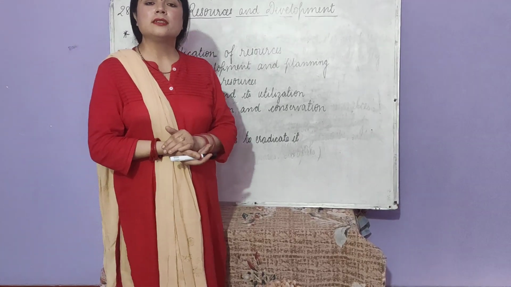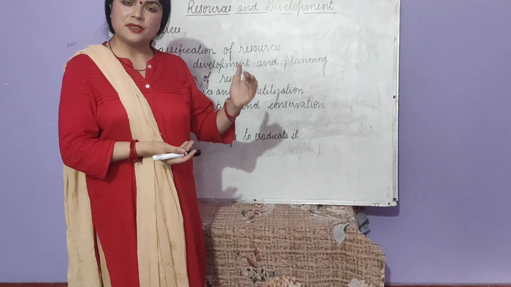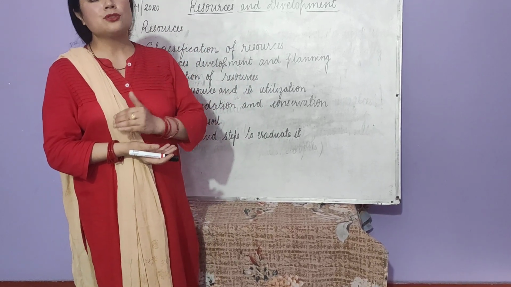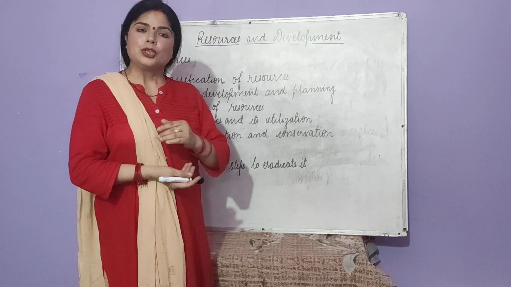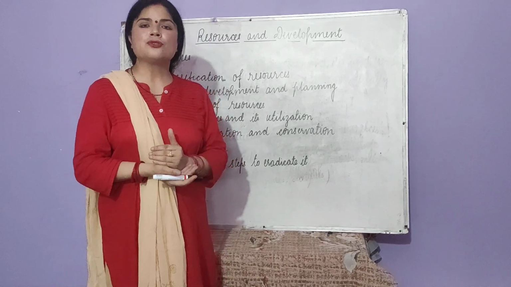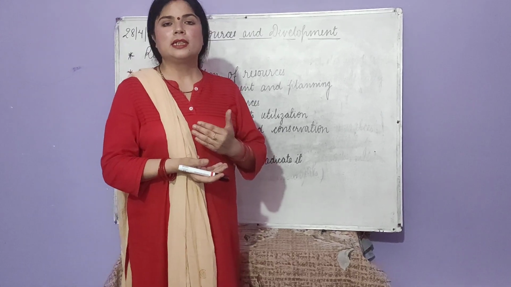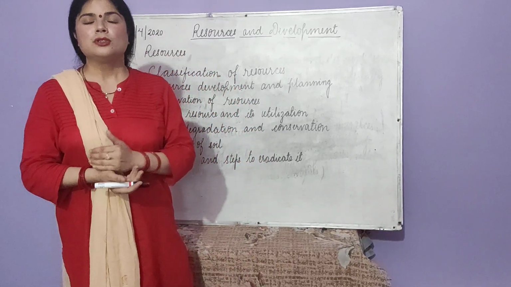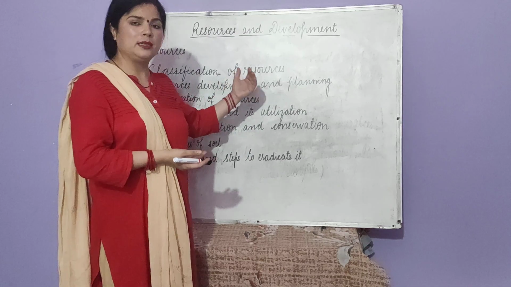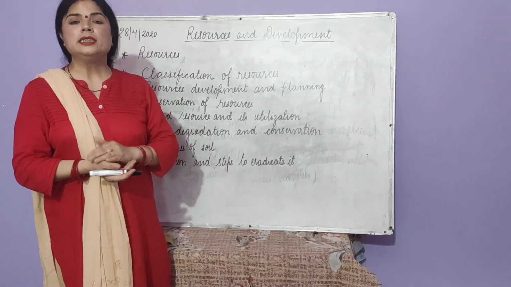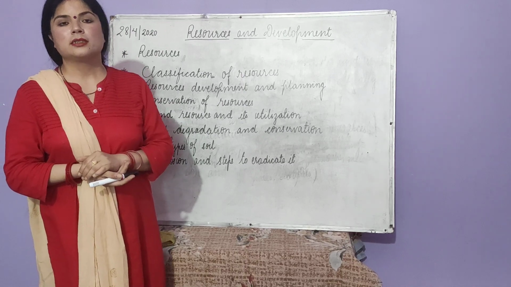Human resource we discussed in our previous syllabus also, but here also I would like to discuss again. Human resource refers to the skill, talent, ability and knowledge of human beings to use these resources in a proper, balanced way, along with the use of technology.